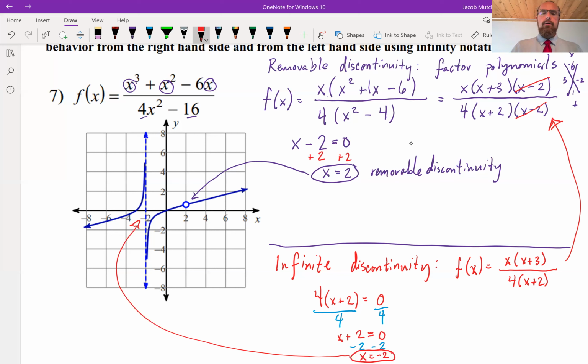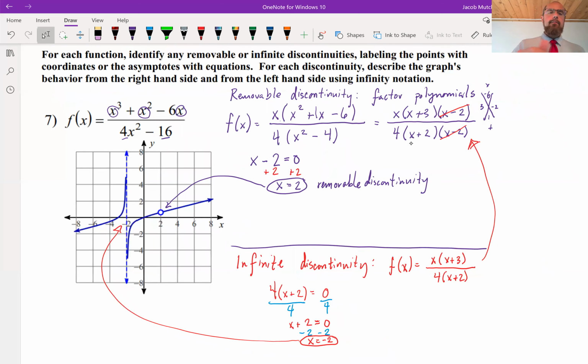What I need to do now is write the behavior of the graph as it approaches from the left and from the right. Let's start with our infinite discontinuity, since that's the one we can pretty much read off the graph. So let's start by considering the left behavior of the function. We'll put this in green so that it stands out.